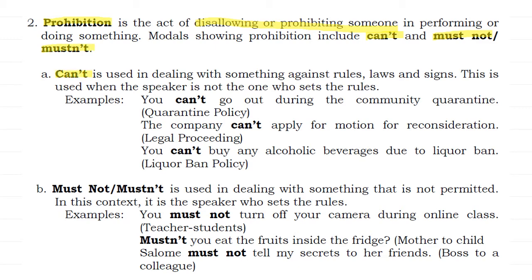Can't is used in dealing with something against rules, laws, and signs. This is used when the speaker is not the one who sets the rules. Example: You can't go out during the community quarantine.